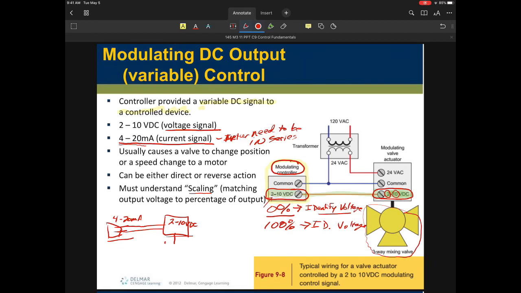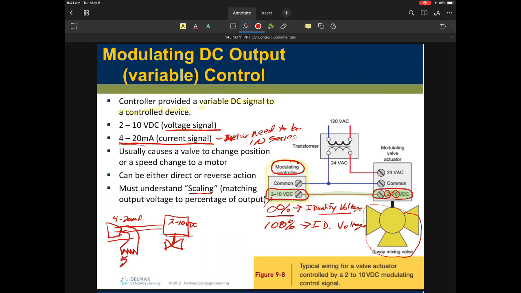Now, you might say, well, hold it, how can you do this? How can you have a 4 to 20 milliamp going into a 2 to 10 volt DC signal? Well, the way that we did this was at the controller. Now, it could be done at the control device as well, which would be like a valve or an actuator of some sort.